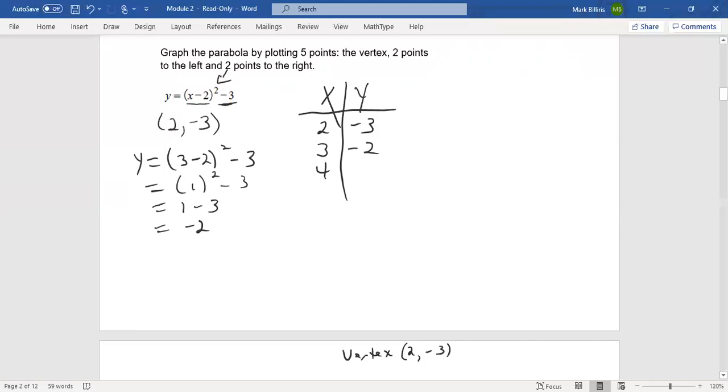Next, we're going to substitute 4 in for x. So y equals 4 minus 2 squared minus 3. 4 minus 2 is 2, so we have 2 squared minus 3, and we know 2 squared is 4, and 4 minus 3 is 1.